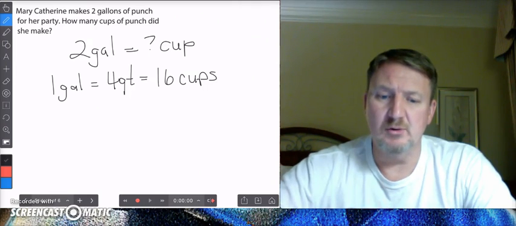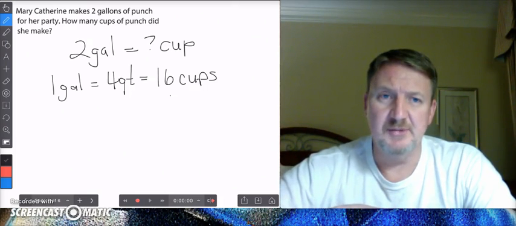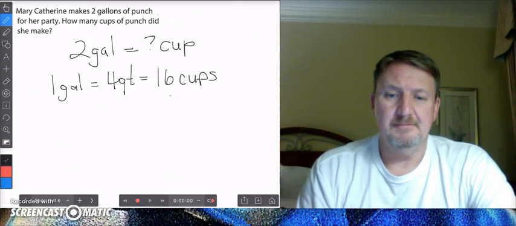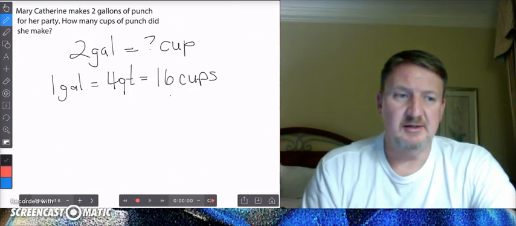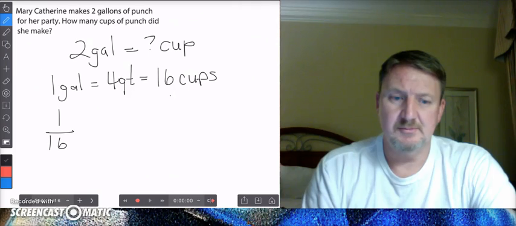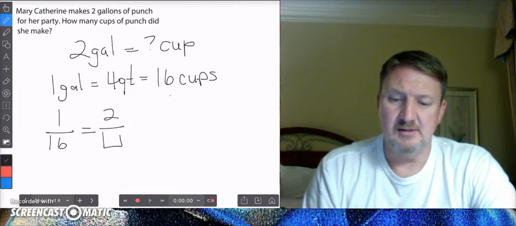So in order to make it 1 gallon, I multiplied the 4 quarts times the 4 cups, and I came up with 16 cups. So that tells me that the conversion is going to be 1 gallon to 16 cups. Now I want to find out if I have 2 gallons, how many cups is that going to be?